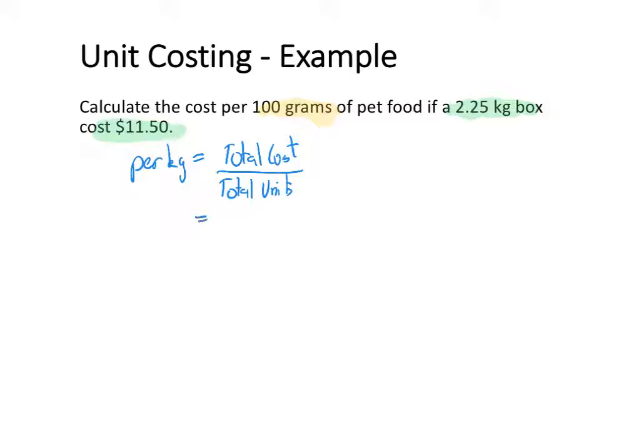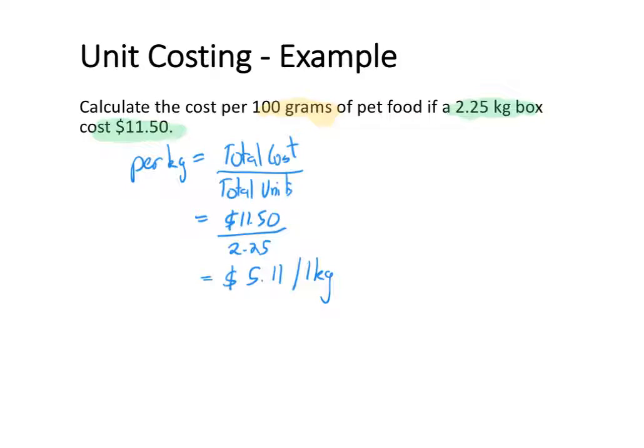Substituting in our values, the total cost is $11.50, and we're going to divide that by 2.25. So that is going to equal $5.11 per 1 kilogram.